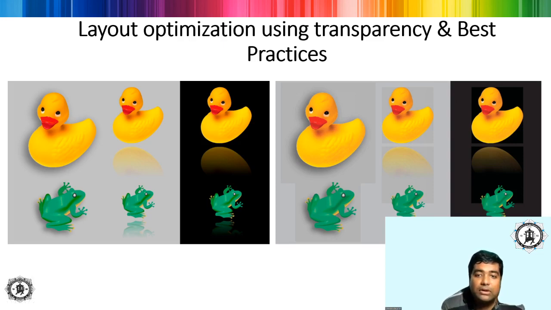So if your duck has this ICC based RGB color, the drop shadow and the reflection also have the same color space. So when this ICC based color space is interacting with the background grayscale color space, this is causing a difference of color.